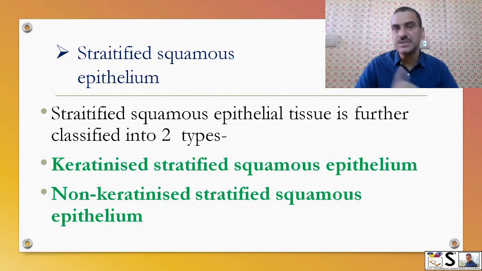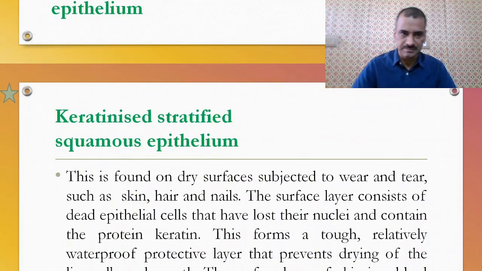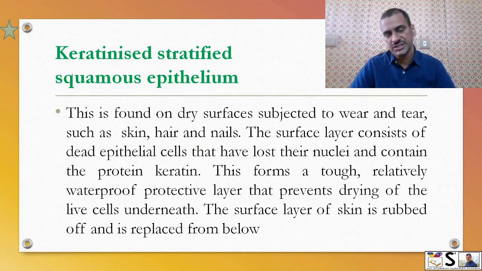This stratified squamous epithelium is again divided into two types: keratinized stratified squamous epithelium and non-keratinized stratified squamous epithelium. What is keratinized? Keratinized means there is keratin formation. This is a protein that is tough. This is found on dry surfaces subjected to wear and tear such as skin, hair and nails.